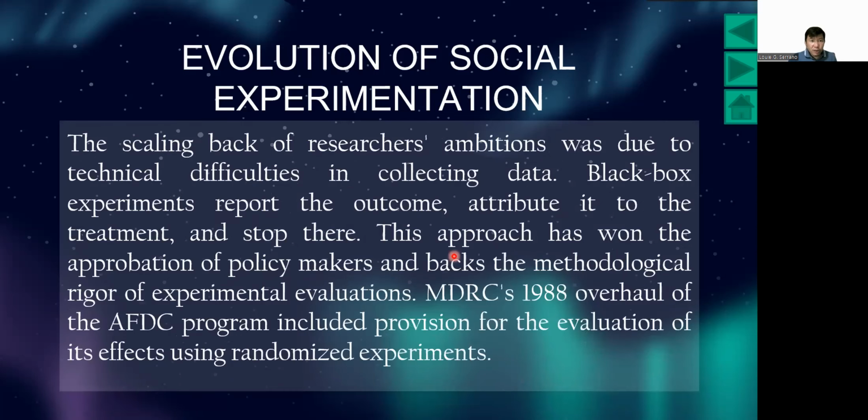The scaling back of researcher ambition was due to technical difficulties in collecting data. Kaya ang results ng NIT o yung negative income tax experiment ay di malinis gaya ng inaasahan ng goal sa pag-conduct ng social experiment.